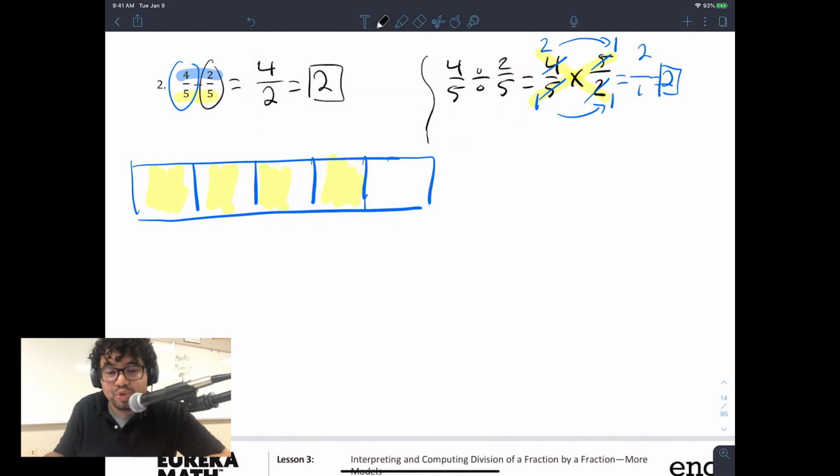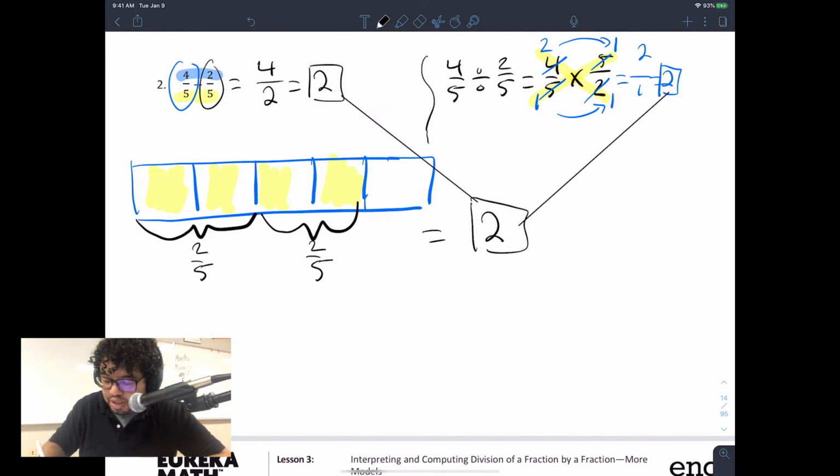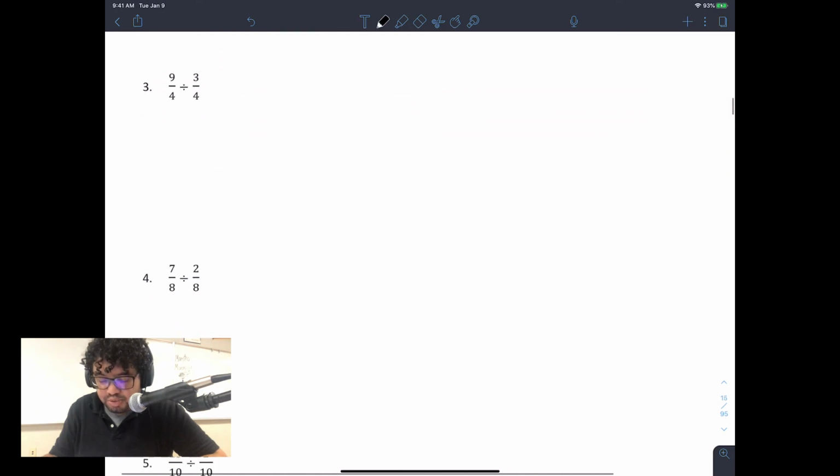And then how many groups I'm able to make, that's my answer. So once again, there's 1, 2, that's 2/5. That's one group. 1, 2, that's 2/5. That's 2 groups. So how many groups do I have? 2. So then my answer is 2. Once again, I got my answer using 3 different methods. All right. There we are. So then let's look at number 3.